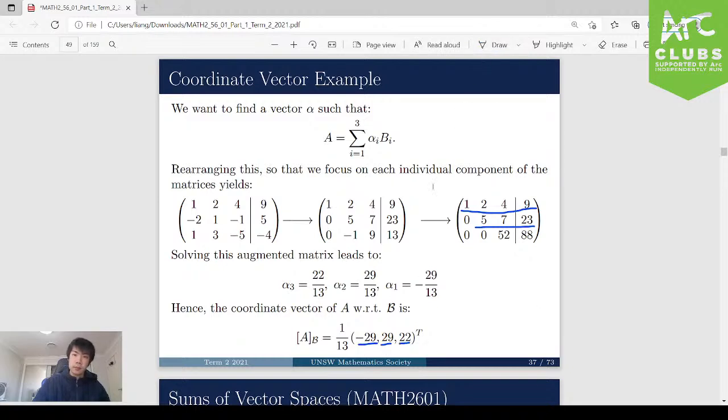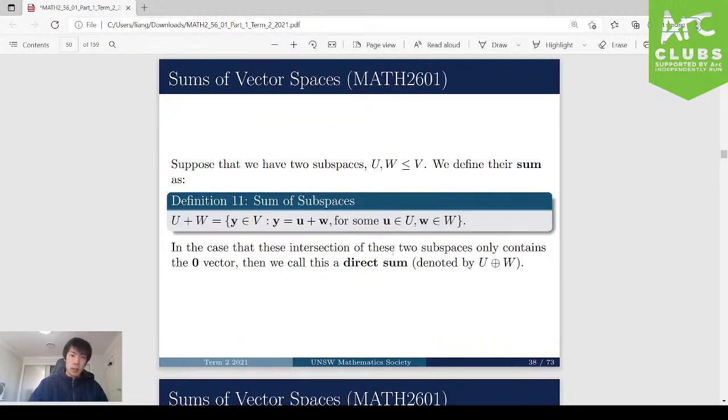Okay. Now the last part of this section is having a look at sum of vector spaces, which is part of MATH2601 only.